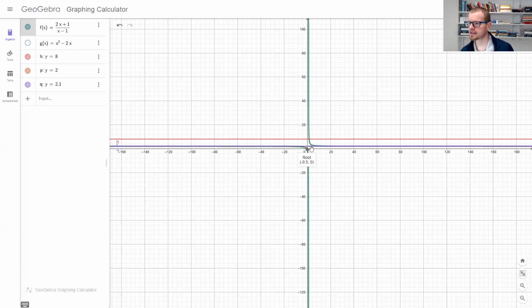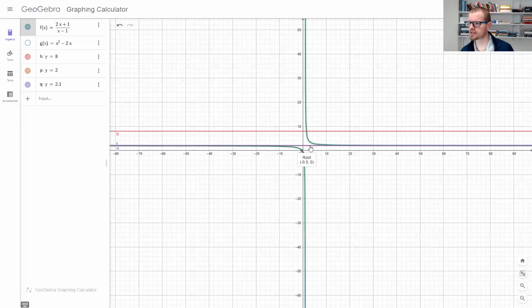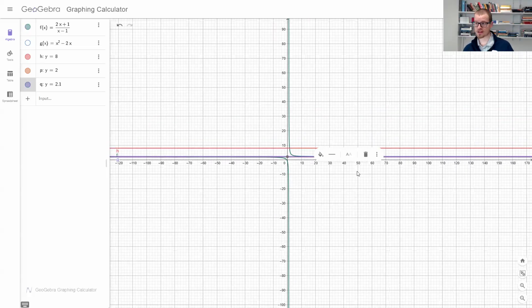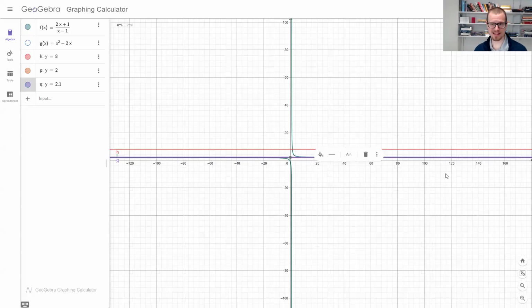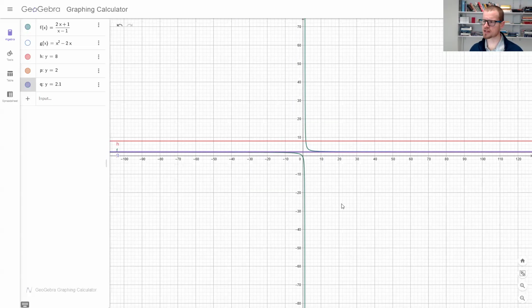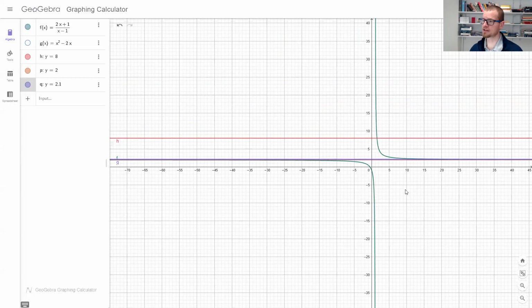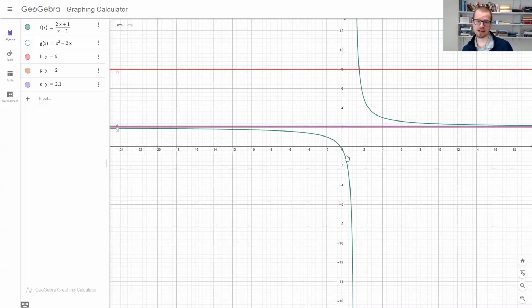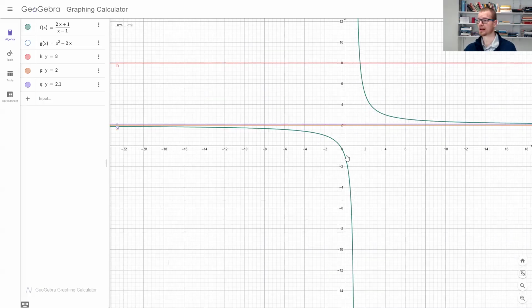It is not telling me any nice, convenient intersections anyway. But it actually does work out. It's kind of hard to see at this point because we get this idea of horizontal asymptote that we'll also discuss later. But it actually works out that there are no outputs associated to more than one input. So it is one-to-one. I can't find anywhere that it looks like I have two inputs associated to one output.